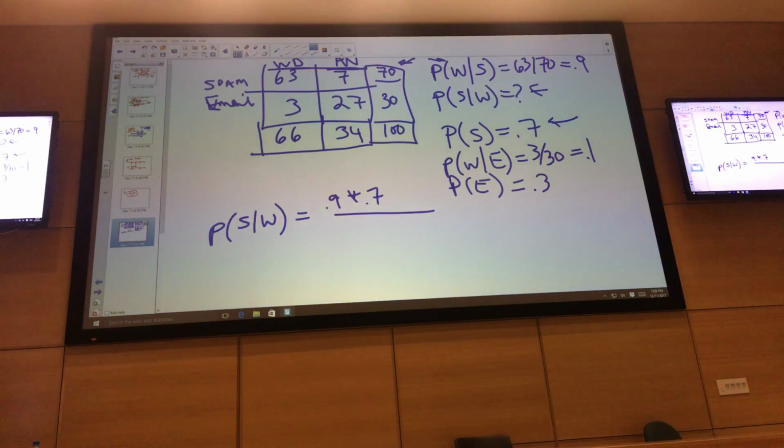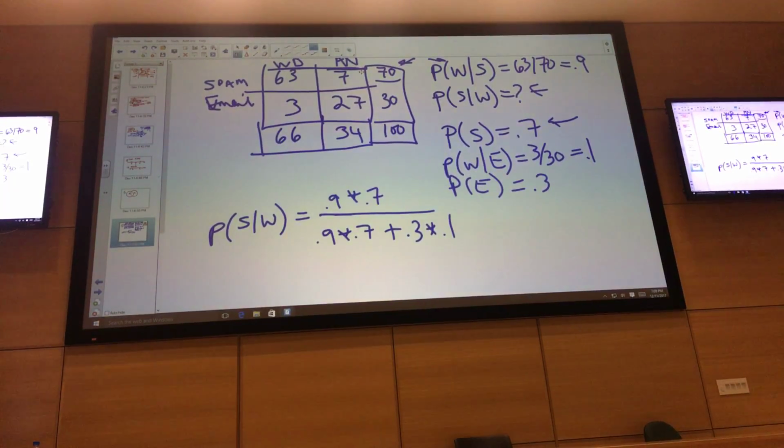Then we're going to take that whole thing and divide it by all possible outcomes. So we're going to do that same thing down here, the 0.9 times 0.7, and we're going to do the 0.3 times 0.1. Okay, so this is the probability that spam has wingdings, plus the probability that email has wingdings.